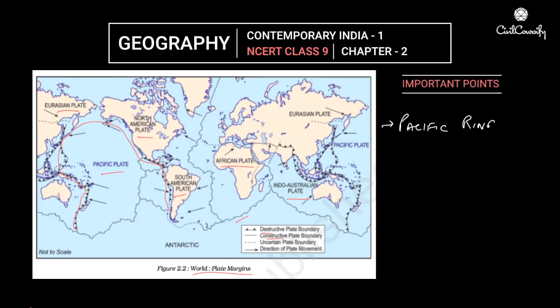The reason is that this region is prone to a high amount of active volcanic eruptions. The highest number of active volcanoes are present in this region, and it is prone to a lot of earthquakes and tsunamis. As you can see, Japan is here and is sitting on a destructive plate boundary. And another region which is really important for us is this one, where the Himalayas are sitting.